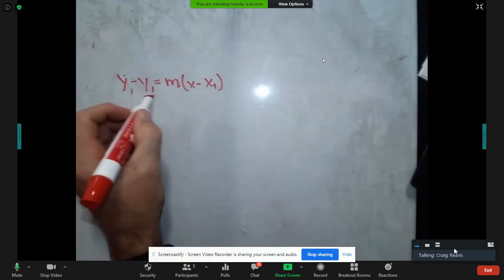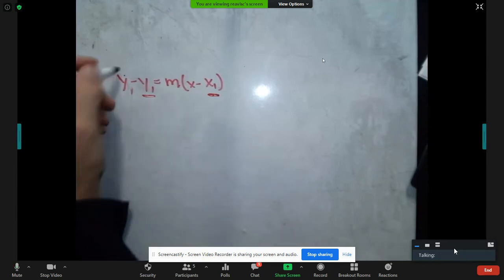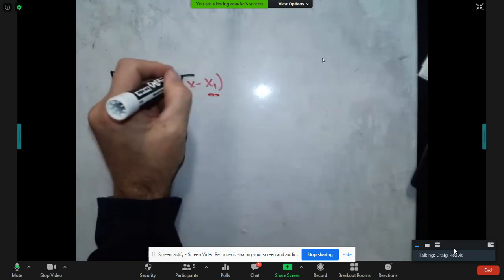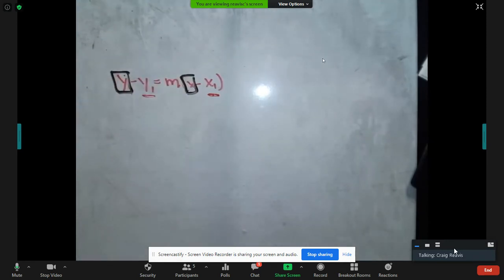The y sub 1 and x sub 1 are the point on the line. The other y and this x are going to stay x and y.